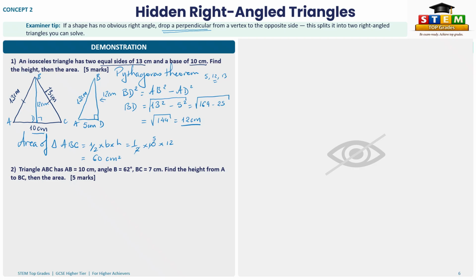Okay, moving on to number 2. Triangle ABC has AB 10 centimeters, B 62 degrees, and BC 7 centimeters. So triangle ABC. So let us draw two lines. So maybe you got something like that. Okay, we don't know yet. So AB is 10 centimeters long.